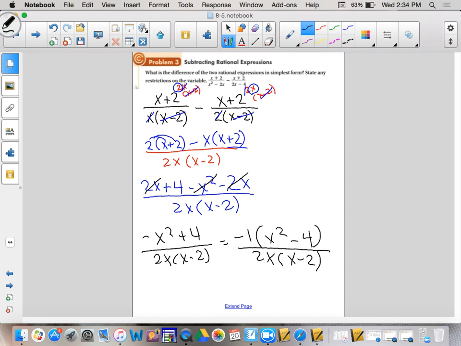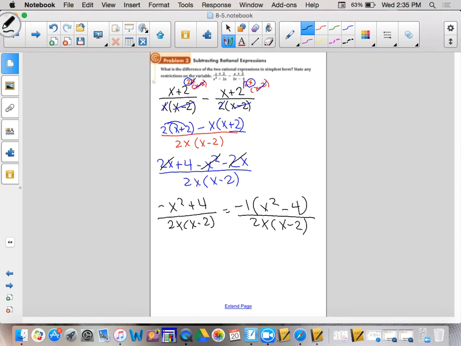Can you just take that negative and put it in the middle? You could. We're going to in just a minute. So x squared minus 4. Can I do something with that x squared minus 4? What does x squared minus 4 become? So I got x minus 2, x plus 2. Don't forget my negative. And then 2x over x minus 2.